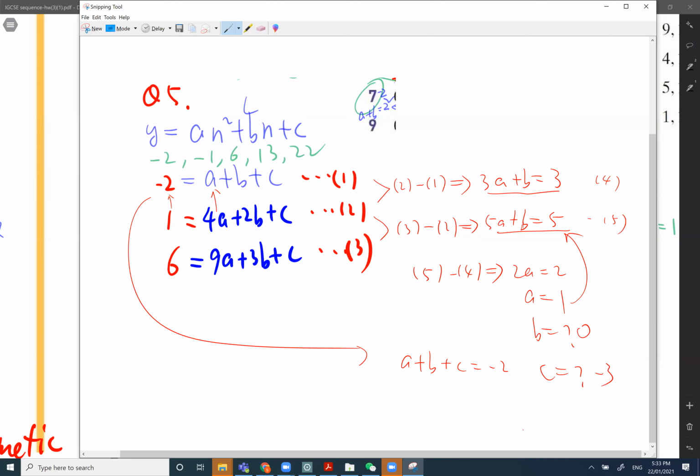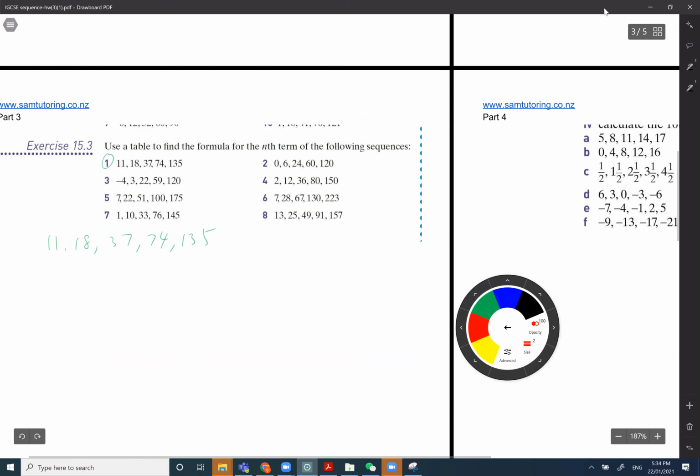Which one looks like number 1? Let's check what happened to number 1 here: 11, 18, 37, 74, 135. Difference, guys. What's the difference?